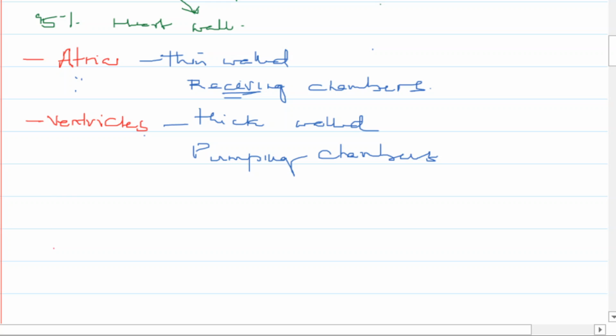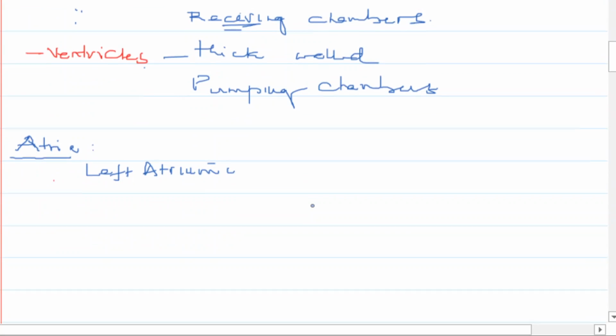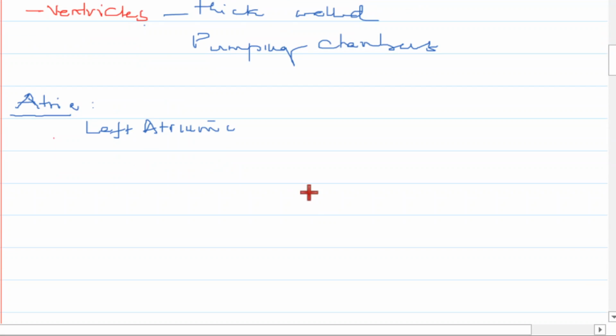Now let's look at the atria one by one, or the left atrium to be more precise.